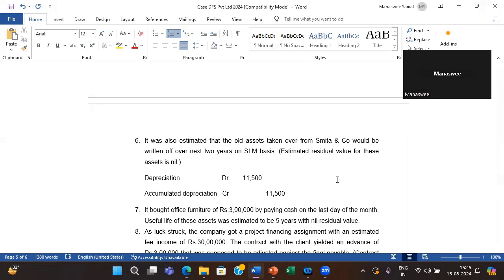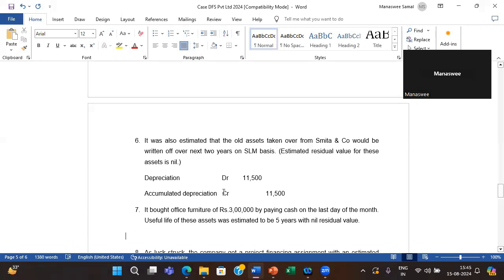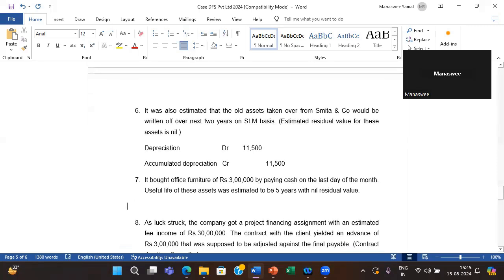The useful life of this asset is 5 years and nil residual value, so per annum 60,000 will be the depreciation. That will be relevant for the month of June. Depreciation will not be calculated, but we just record the asset purchase transaction.